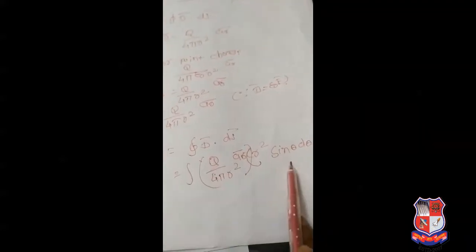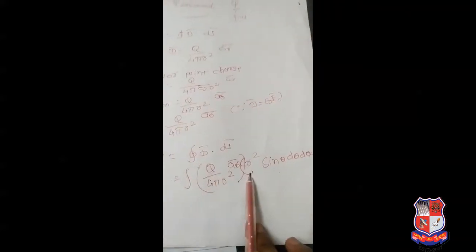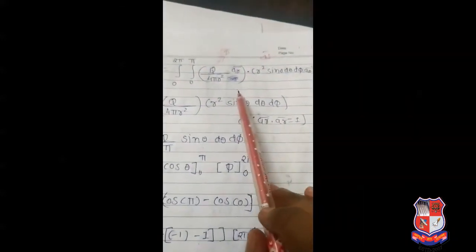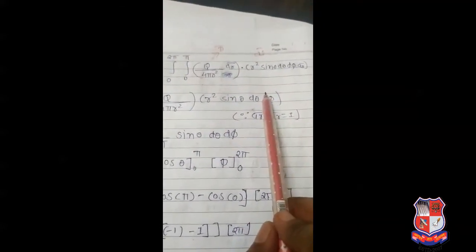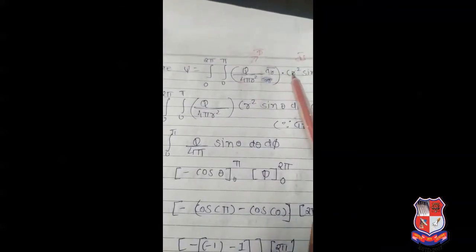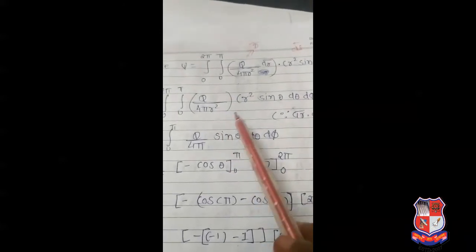Okay, now this is D bar and this is ds bar. Now take the dot product of them. Here theta and r are present in this equation. Because r is cancelled out, only theta and phi are present.